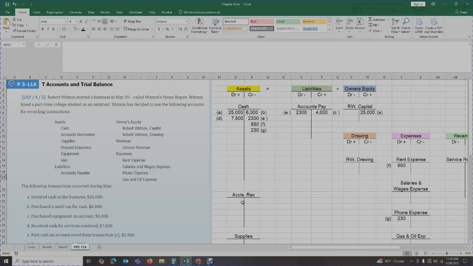Okay, so I'm going to set up a receivable. So what's going to happen to my receivable? Is it going to go up or down? Well, your receivable is going to increase because someone owes you money. So we're going to set up our accounts receivable for $4,500. This is letter, what letter is this?